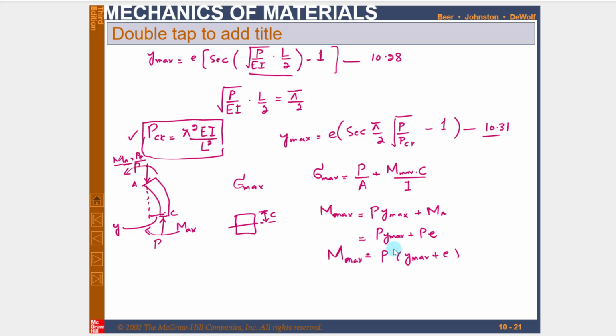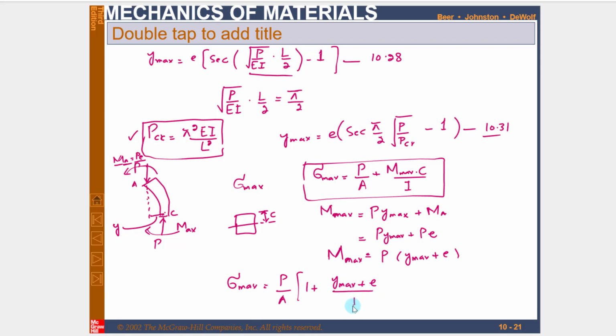So you can put the value of the maximum bending moment in this maximum stress. So you will get the maximum stress as P by A plus P into Y max plus P into E, multiplied by C, divided by I. Clear?